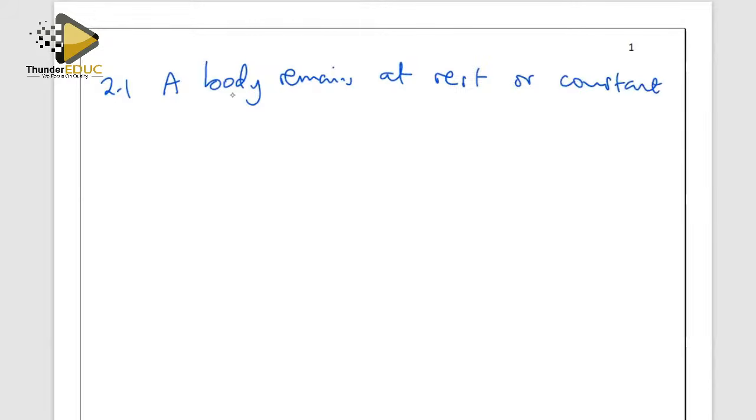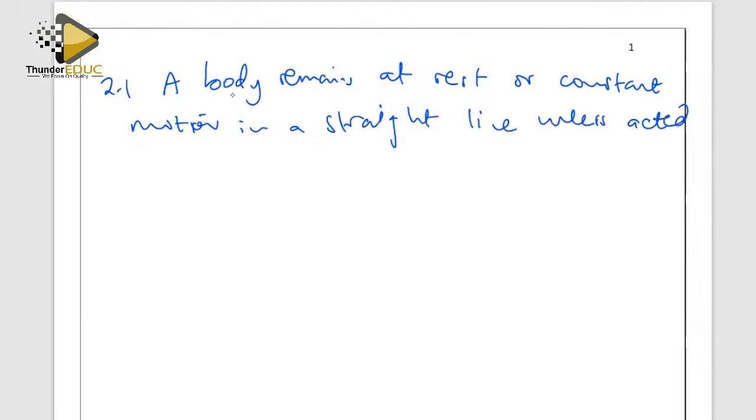2.1, they're telling us that a body remains at rest or in constant motion or speed in a straight line, unless acted upon by a resultant force.